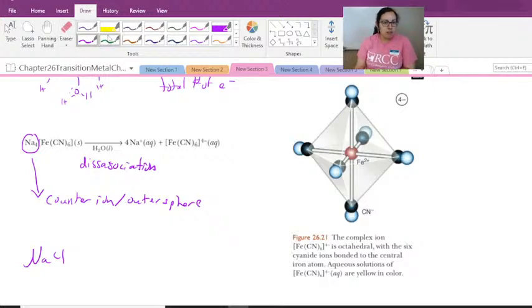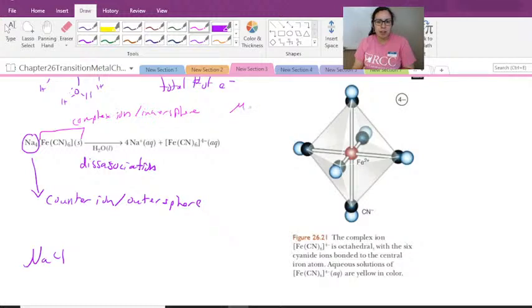And so your structure itself is referred to as your complex ion. If for some reason you had a sodium in there attached, then that would need to be noted, and that might be called an inner sphere interaction, which happens sometimes with magnesium, for example.